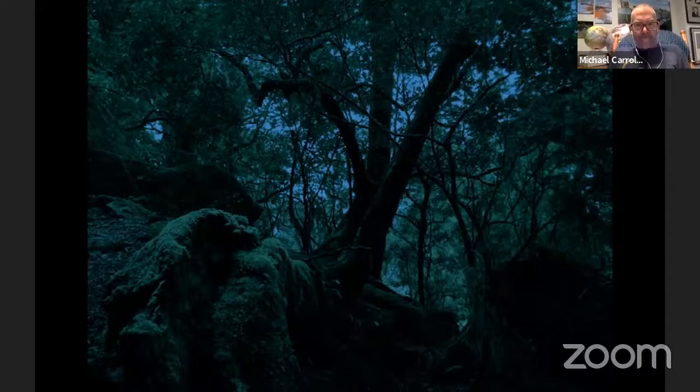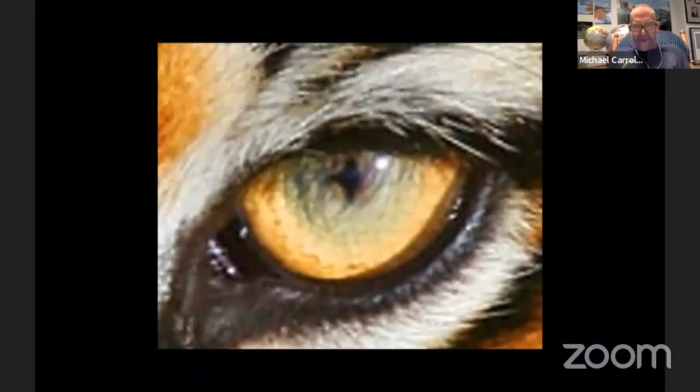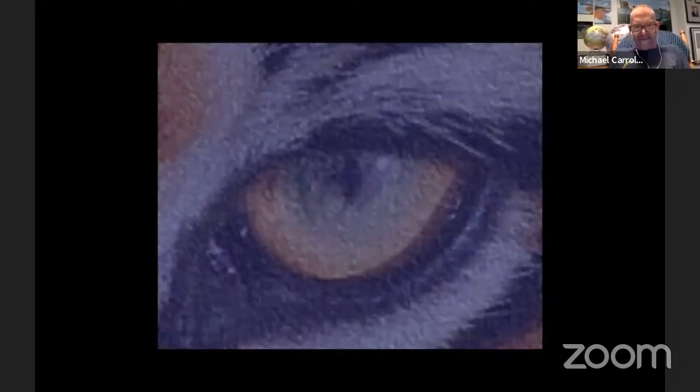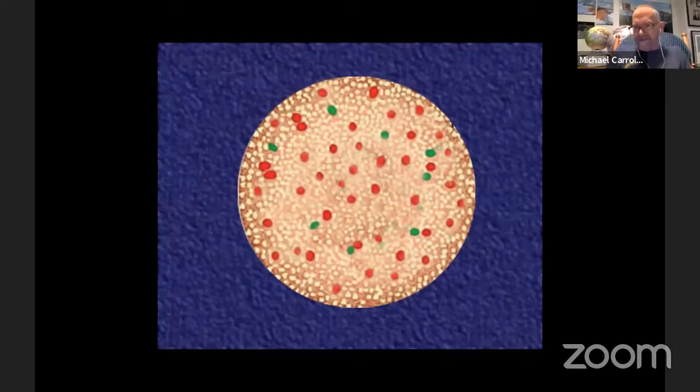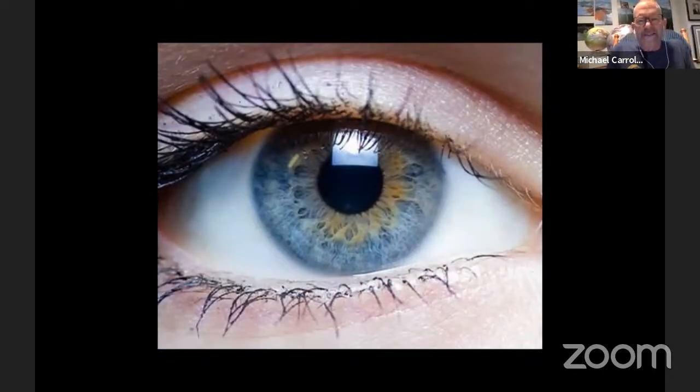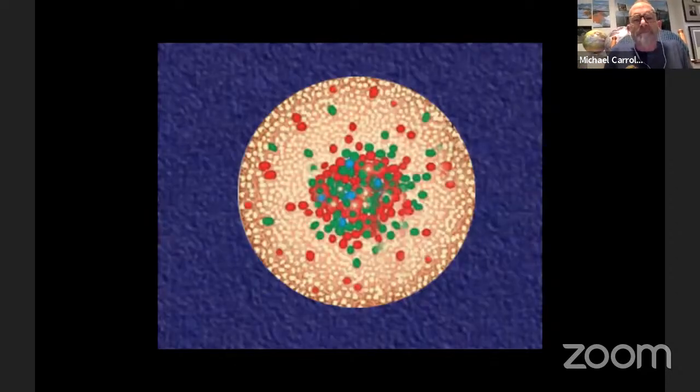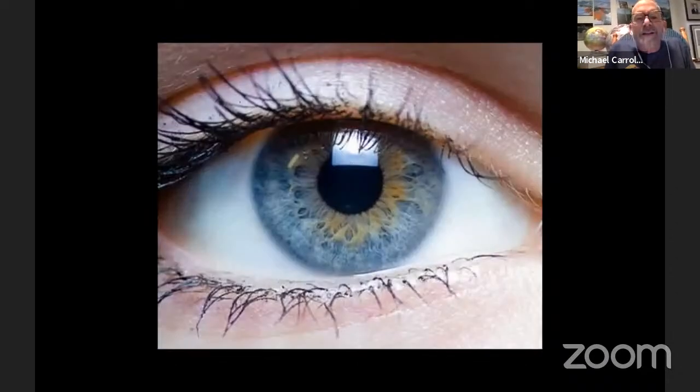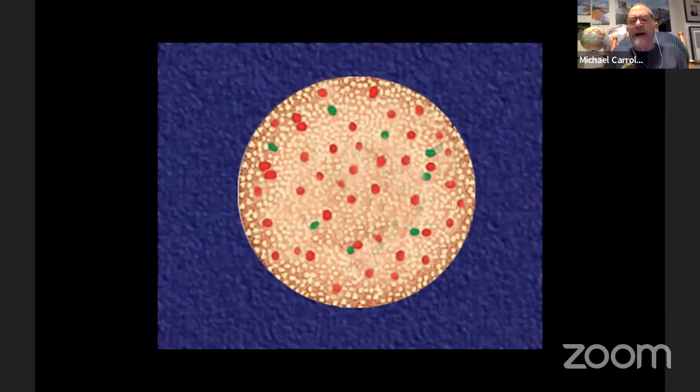So a mammal that needs to see in low light levels has a lot of rods on the back of its retina, and not very many color cones. So they can't see color as well, but they can see grayscale. And this is really good for low light levels.